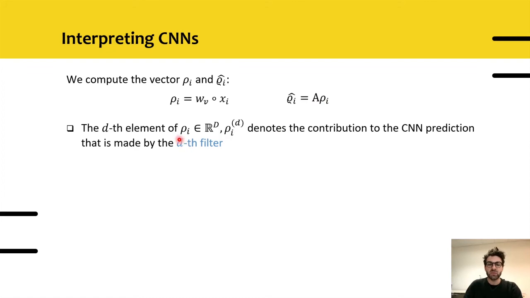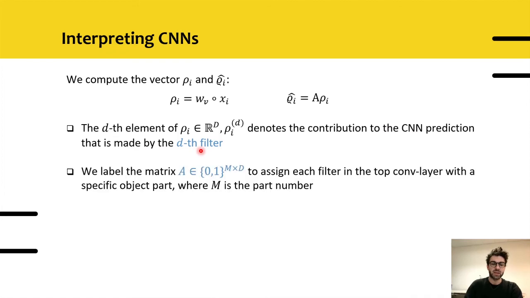The dth element of rho_i denotes the contribution to the CNN prediction made by the dth filter. The matrix A, the same matrix that we mentioned at the end of the algorithm, is a binary matrix, 0 or 1, with dimension m per d, where d is the number of filters, as we already said, and m is the part number.